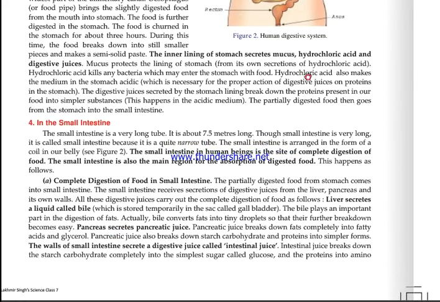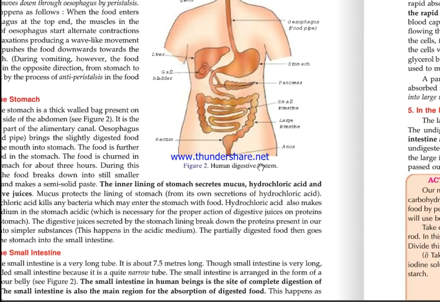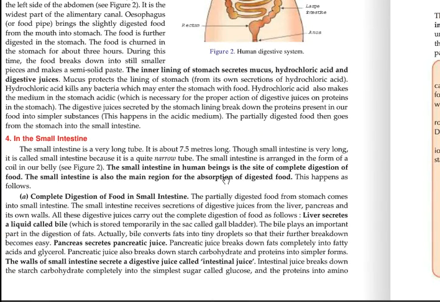Here the liver, this is the liver, secretes a juice that is called bile. It is temporarily stored in the gallbladder. When the juice is required in the digestion of food, the gallbladder releases the bile juice which helps in the digestion of food, and the pancreas also secretes a pancreatic juice.